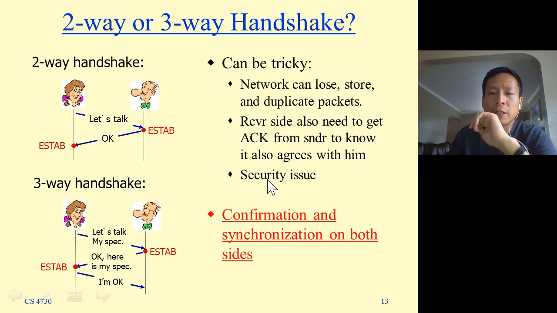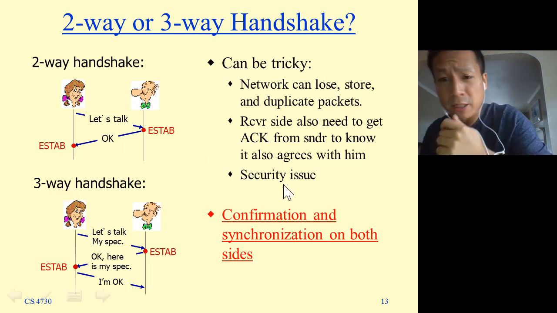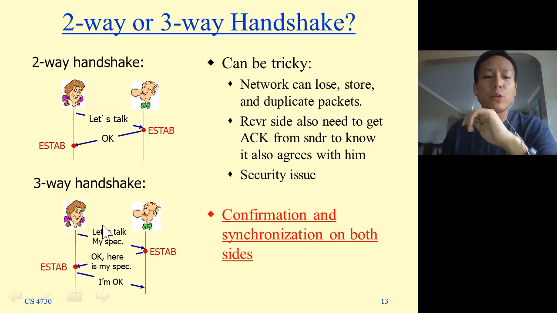And the third issue is security. A three-way handshake is more secure because both ends have the opportunity to confirm and synchronize the initial connections on both sides. That's very critical.